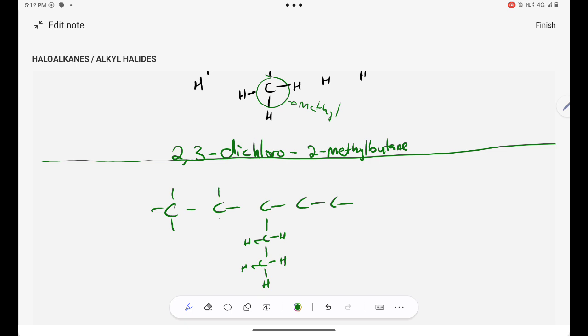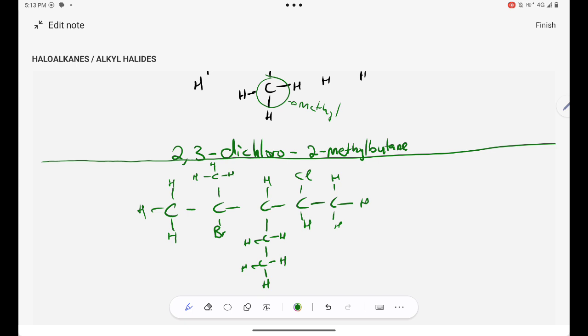Let's say we have a chloro. Is a side chain and a bromo.